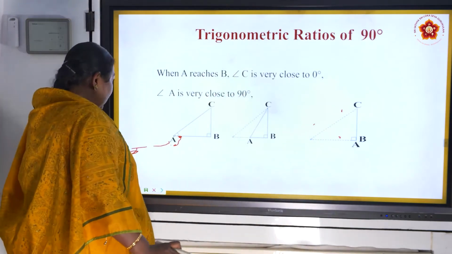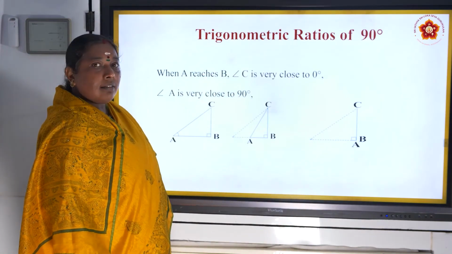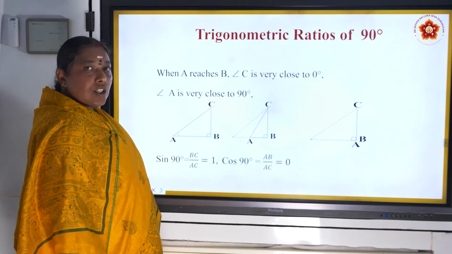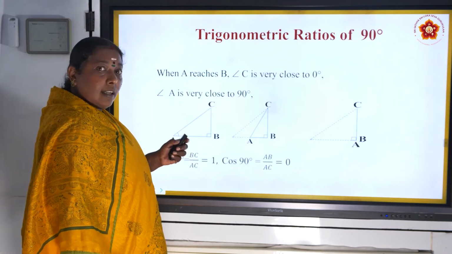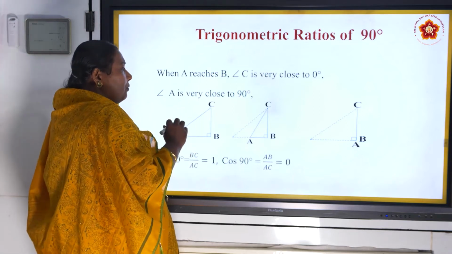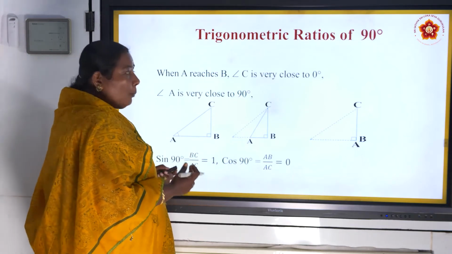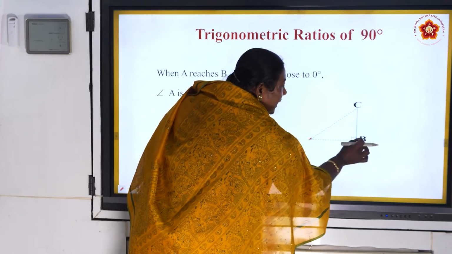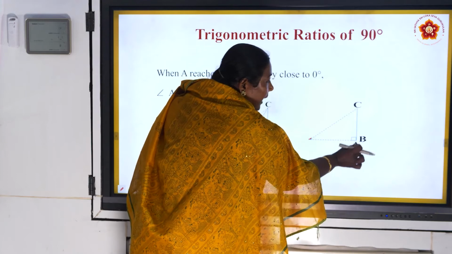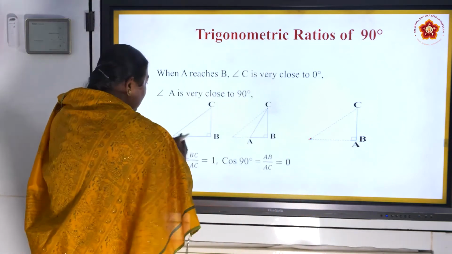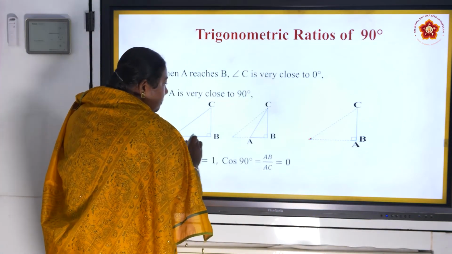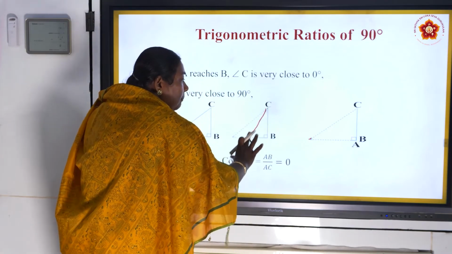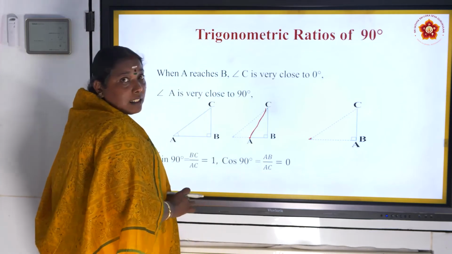Right? So in this, what is my sine? Sine will be opposite side by hypotenuse. Opposite side is BC. So it reached there. The B and A points are there. Could you see that we have moved A to B? That means AC became BC.